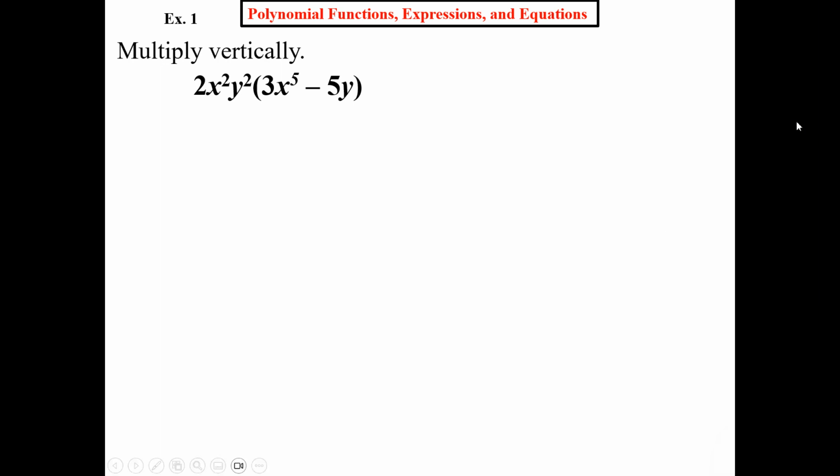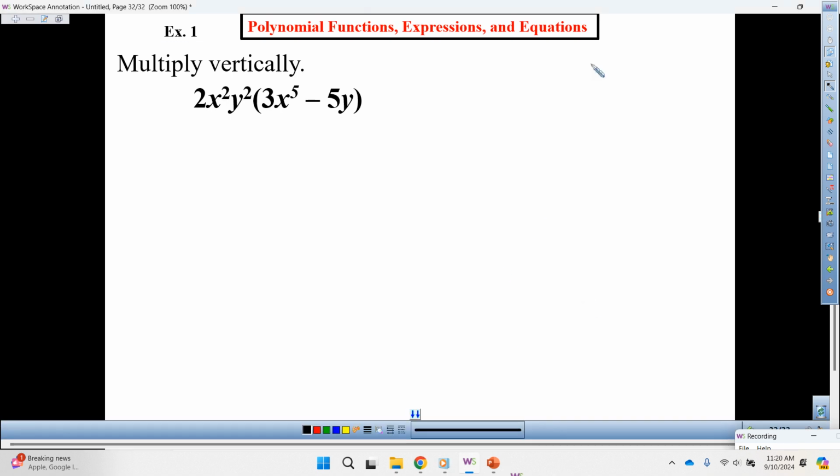All right. As you're copying that, on the side, I want you to write steps. Step 1: first things first, we need to check that the polynomial is in standard form. What does that mean? From highest to lowest degree. What is standard form? From highest to lowest degree.